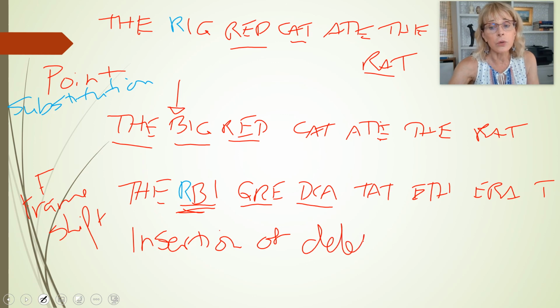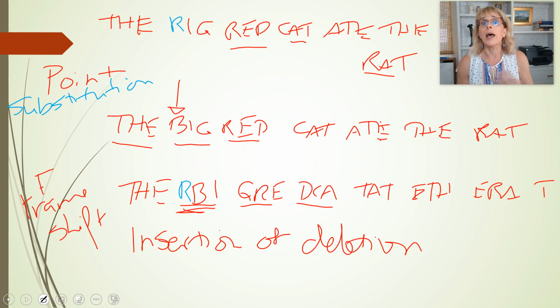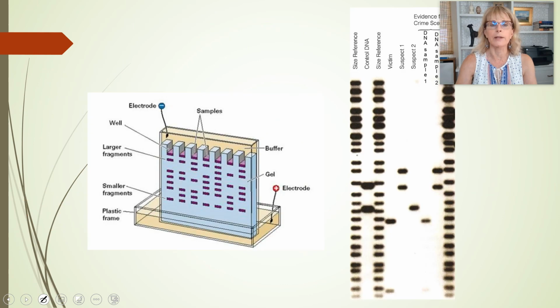And if I ask you which one is more survivable, point mutation, because you can get a point mutation and literally have no difference in the protein at all. Frame shift mutation, that's almost never going to happen. They're bad. Frame shift mutations are bad.